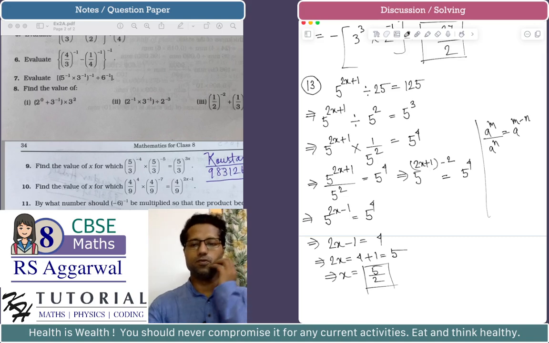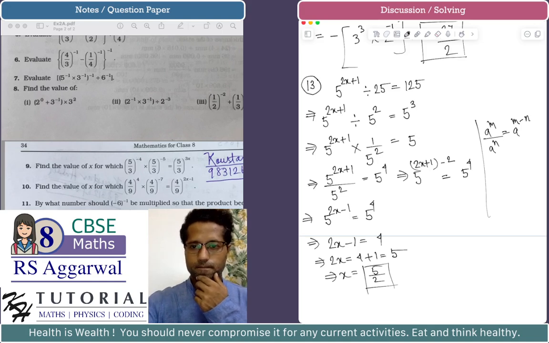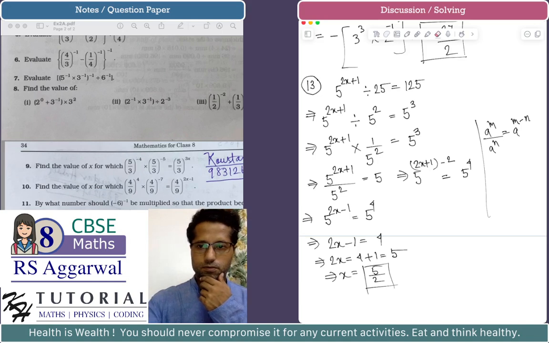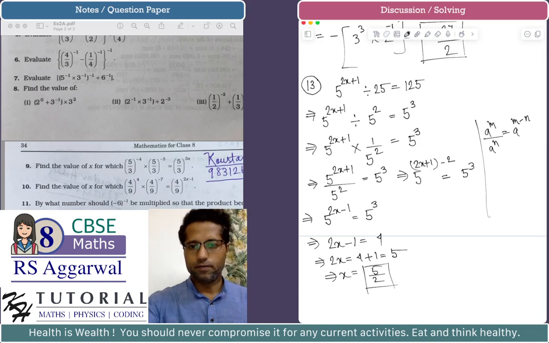So we have the cube. So we have 2x minus 1 equals 3.